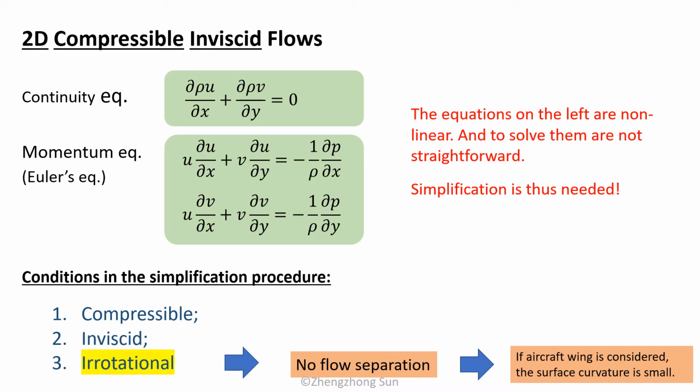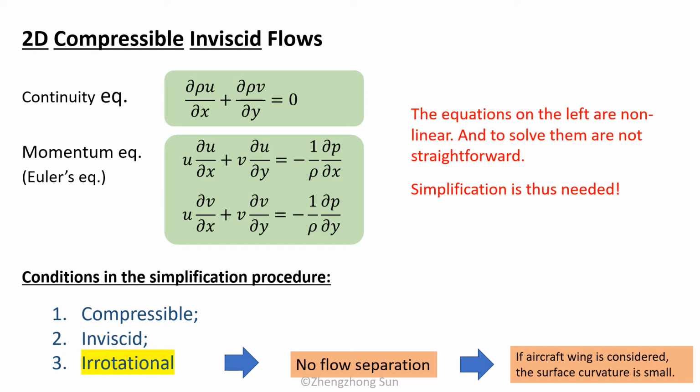Further, since we're considering aeronautical engineering, if an aircraft wing is considered, the wing's surface curvature is small. That's what irrotational flow suggests.